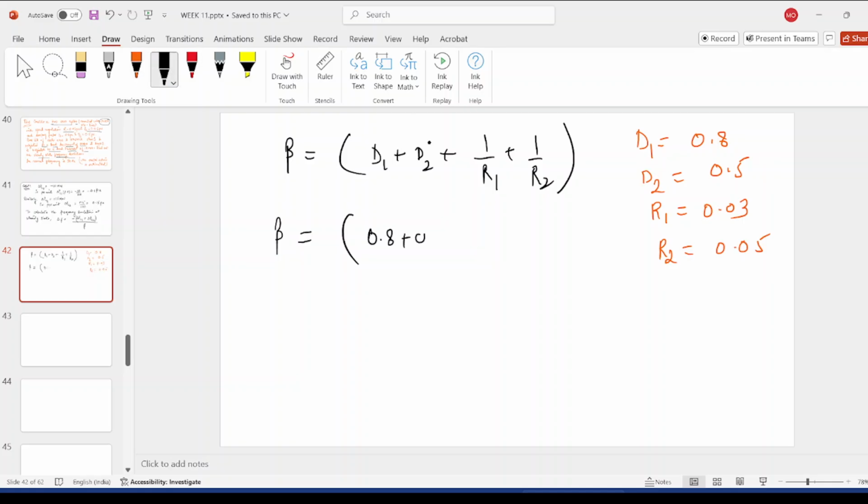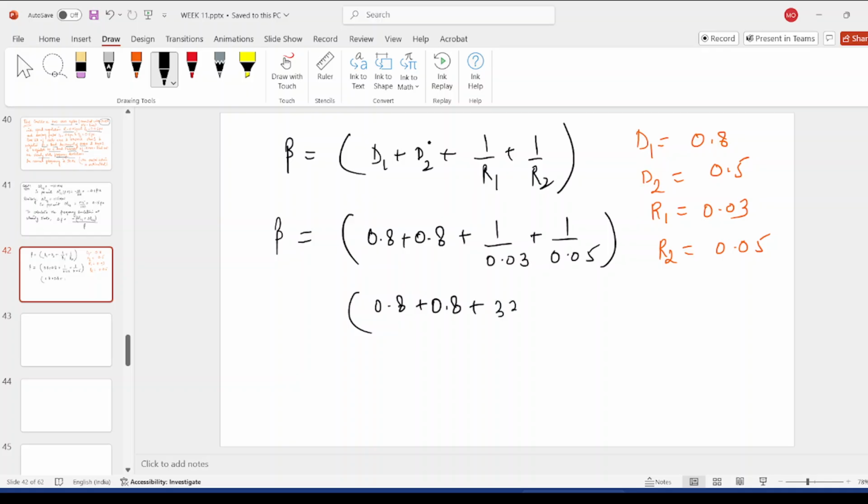So beta is 0.8 plus 0.5 plus 1 upon R1, which is 1 upon 0.03, plus 1 upon 0.05.